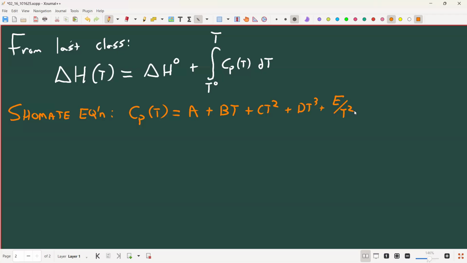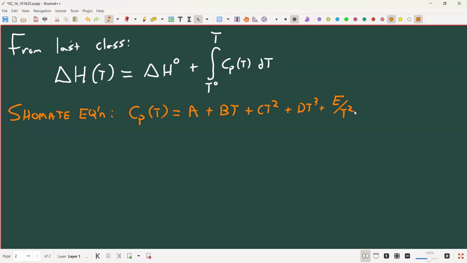But it gives you some function that changes with temperature, and generally looks like a polynomial with maybe some 1 over T left. This is an approximation, a useful one because it's easy for us to integrate functions like this. Anyone who's taken calculus 1 can figure out how to do this.